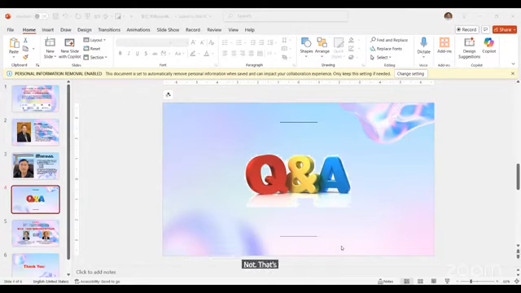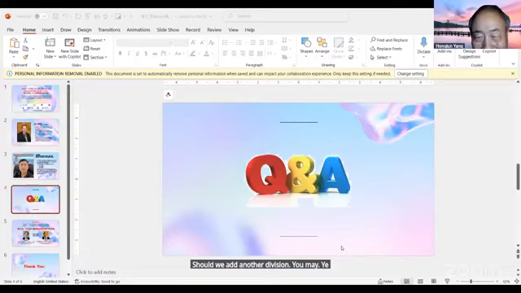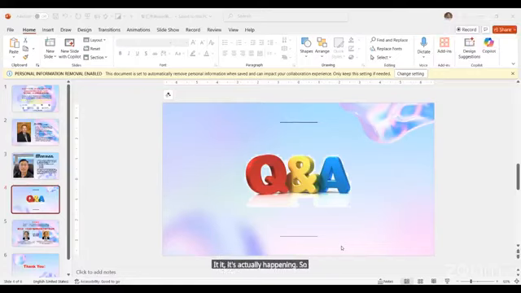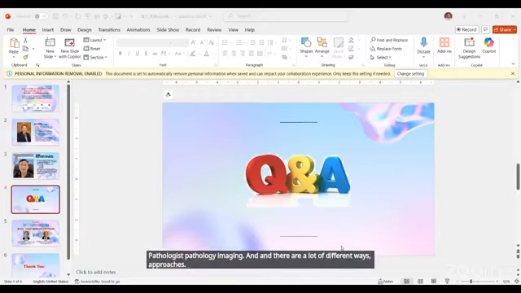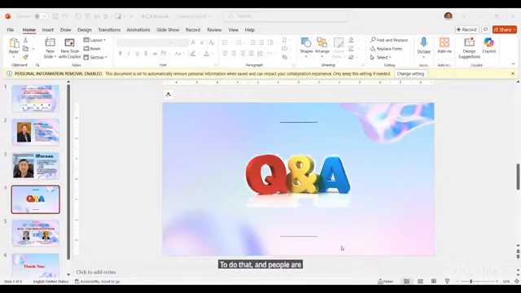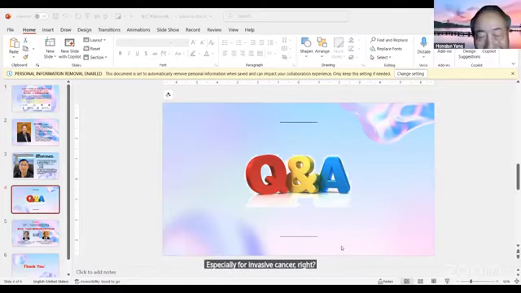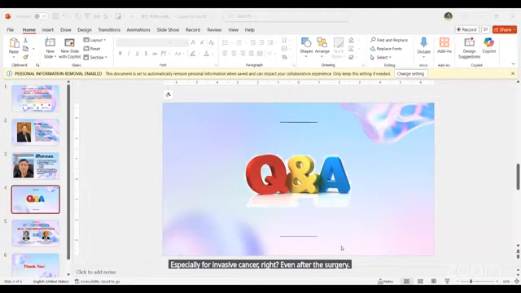That's a great question. It's actually happening. If you search for 3D pathology imaging, there are a lot of different approaches, and people are interested in 3D morphology. The reason is, especially for invasive cancer, even after surgery you often worry about whether the tumor is completely taken out or whether residual tumor is left in the body.